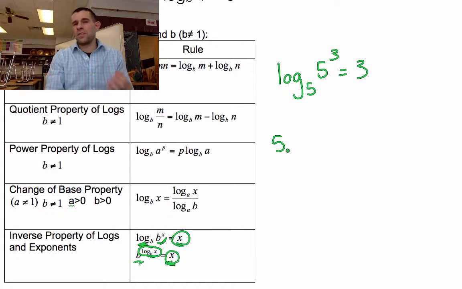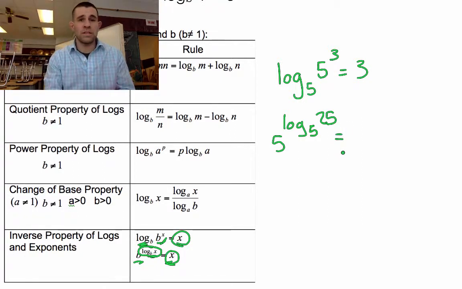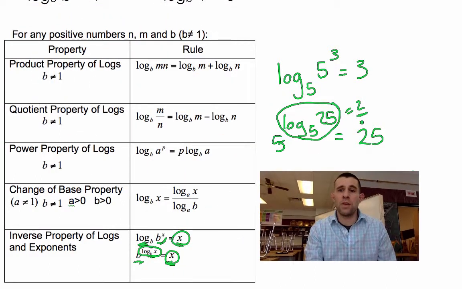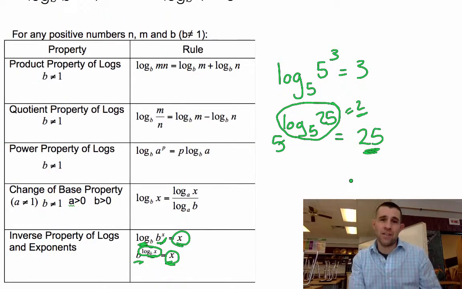Again, let's just do an example. 5 to log base 5 of 25 should be equal to what? Well, it should be equal to 25. And just as a way of proving this here, what power do I raise 5 to in order to get 25? This whole thing here, this log base 5 of 25, should really be equal to 2. So in other words, 5 squared, again, should result in 25.